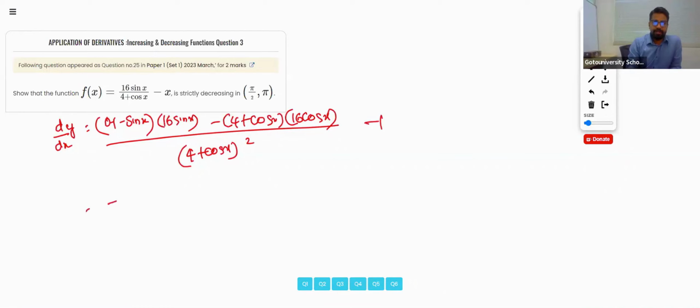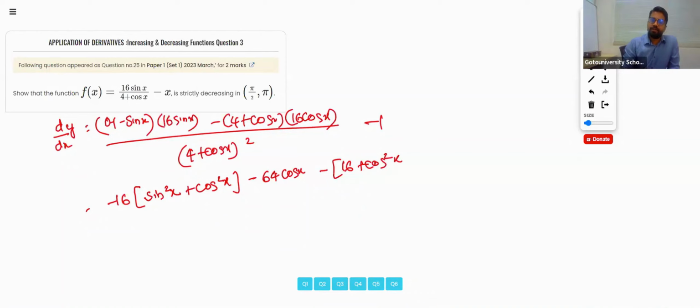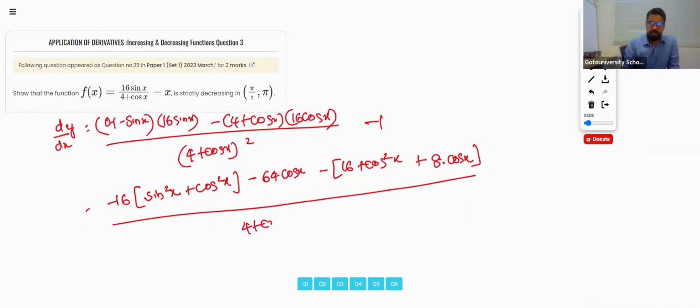When I solve this, I get minus 16 sin square x, plus cos square x. I'm going to write that here, minus 64 cos x, and I'm going to bring this here, minus of 16 plus cos square x plus, there's a plus b whole square format, 2 into 4, 8 cos x. Am I right? So this entire thing divided by 4 plus cos x whole square, right?